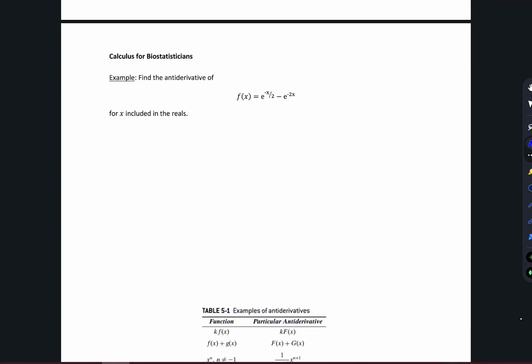Here is another example. And so notice this one involves e to the x. So this one's a little bit trickier. When I go to define my capital F of x, again I'm going to look at this term by term. Well, I know that here I've got an e to the negative x over 2. So I know that the function that's going to give me the derivative e to the negative x over 2 is going to have to involve an e to the negative x over 2, because the derivative of e to the x is e to the x.